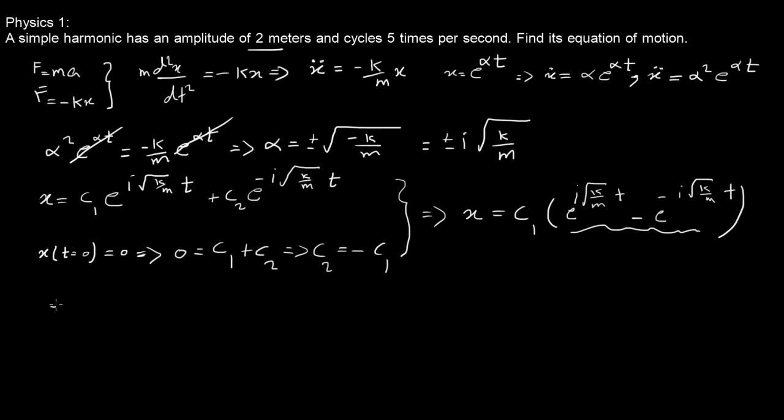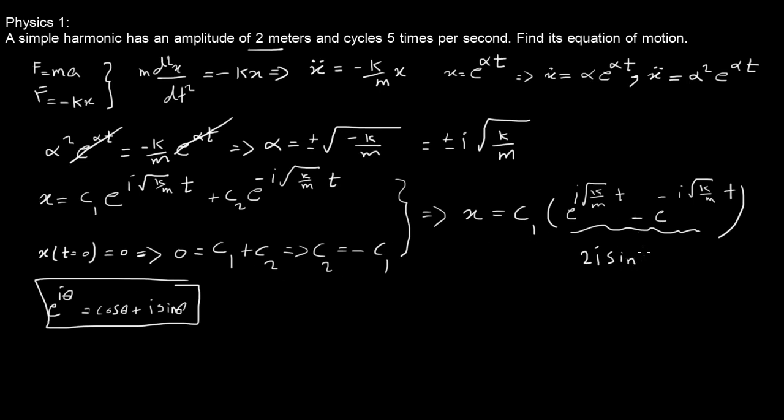Let me write the whole thing here. e to i theta, whatever theta is, is always equal to cosine theta plus i sine theta. So you have to memorize this if you didn't know. Now putting that into this equation, it becomes 2i sine, the cosines cancel because of the negative, square root of k over m t.